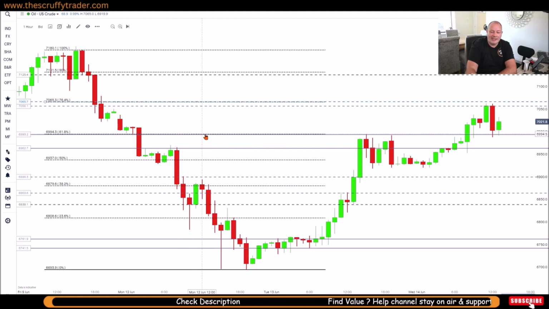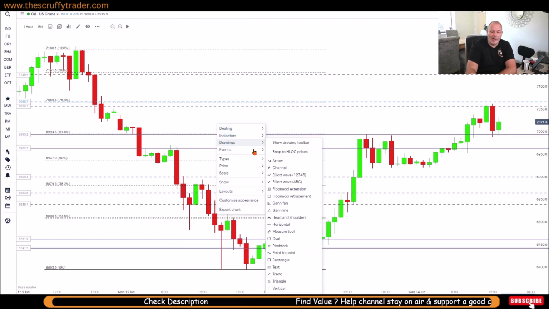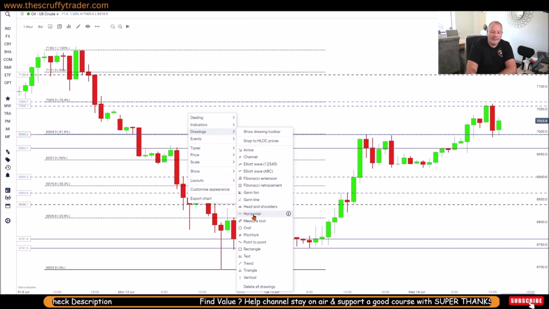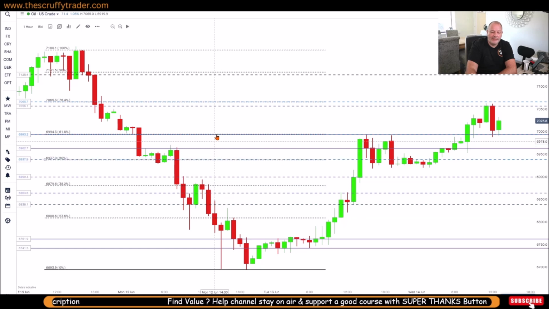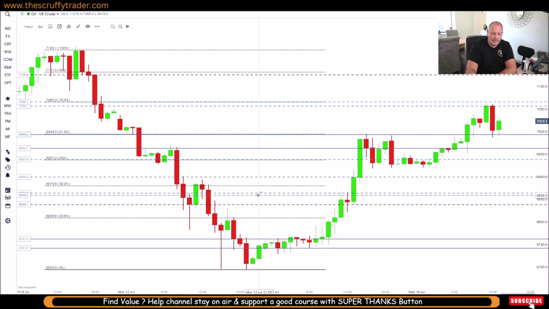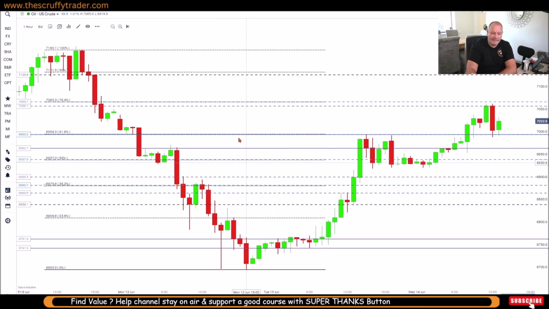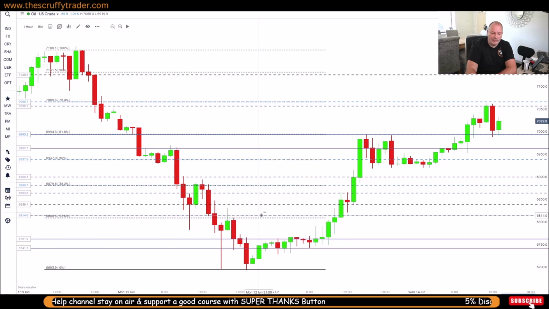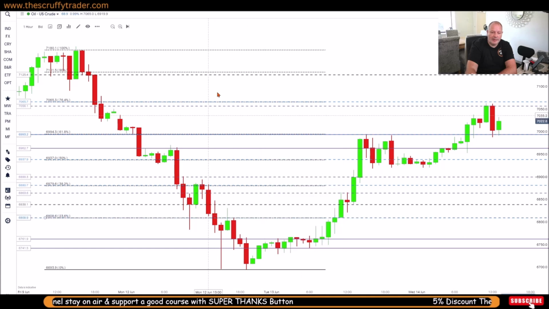There. That's the key area. And why? Because it's fibs highlighting it. Come back to the 50, which is here. Put the 38 in, which is there. All the way down to this point. Right.